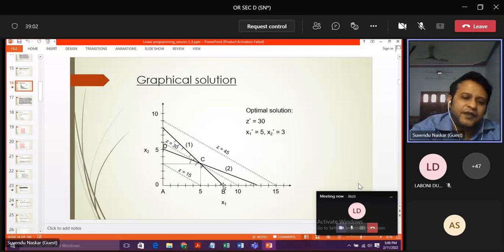Suppose you are starting from B. We have two possible directions, from B to C and from B to A. We see in which direction my Z values are increasing at a higher rate. We follow that path, we go to C. We have seen that if we come from B to A, it is not improving.